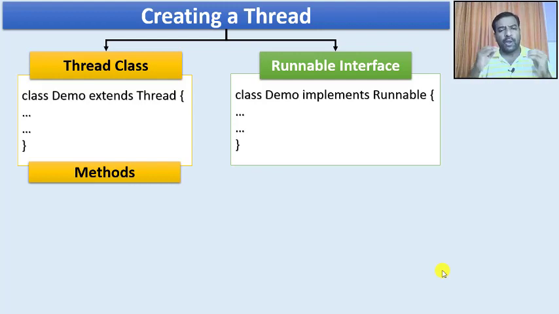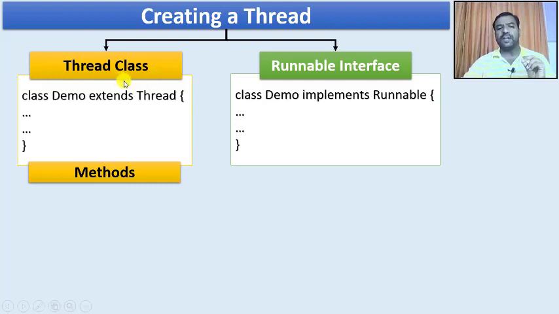So now we need to make sure that we are able to create a thread whenever we want, depending upon what part I need to create a thread for. Hence, our focus here should be how we are going to create a thread in a Java program. Whenever you want to create a thread, you have 2 options, or you can do it in 2 ways.